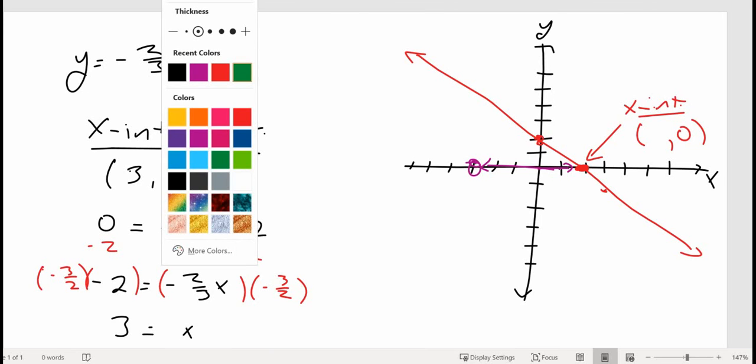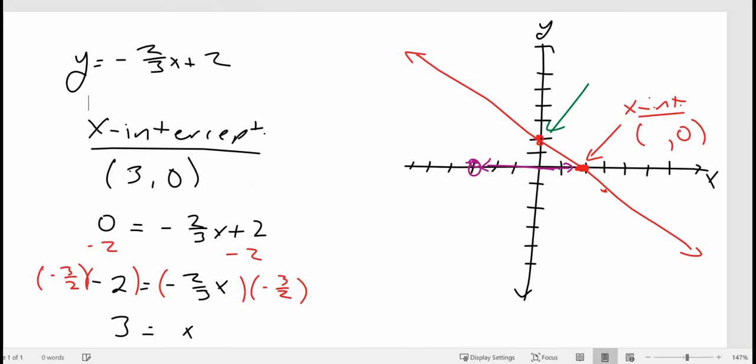Now, same thing kind of for the y-intercept. The y-intercept is where it crosses the y-axis. And no matter what, you're either going to go up, or perhaps if the graph were different and it went down this way, you're always just going straight up or straight down to get to a y-intercept.